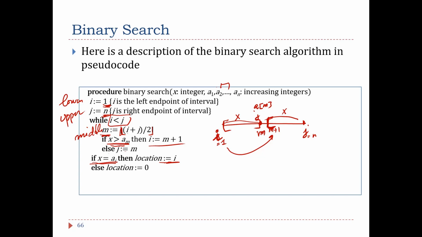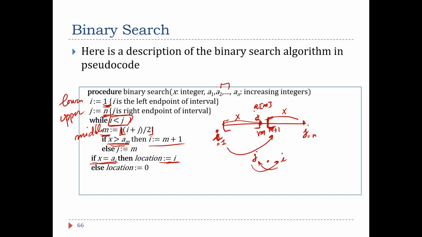Because we go out of it when I becomes greater than or equal to j, it means they start interleaving in that direction. So I becomes here and j becomes there. They could become equal at a certain moment, but they may also jump in the other direction.